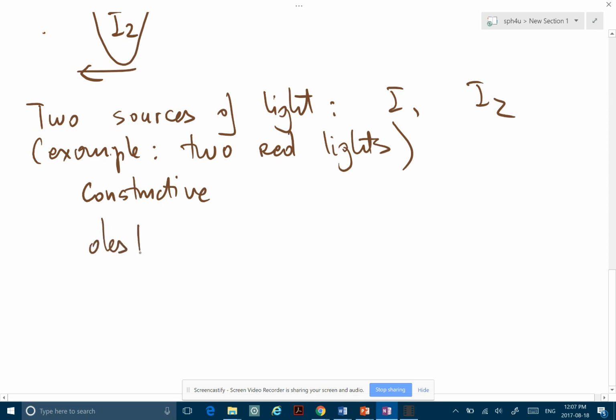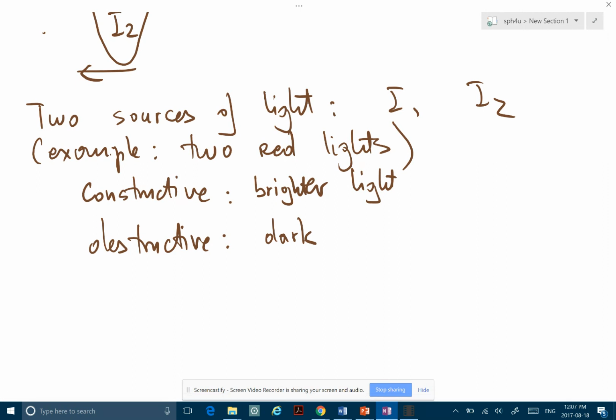And what do you think destructive interference would look like? Very simple. Remember, for sound, constructive interference was a higher, louder sound. Destructive was quiet. For light, constructive will mean brighter light, with high intensity. Destructive means dark.